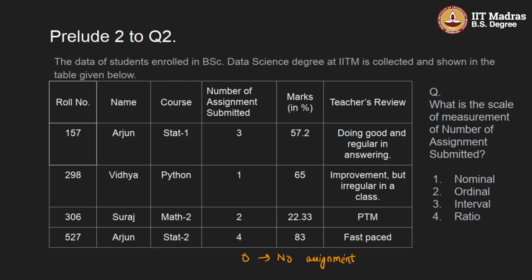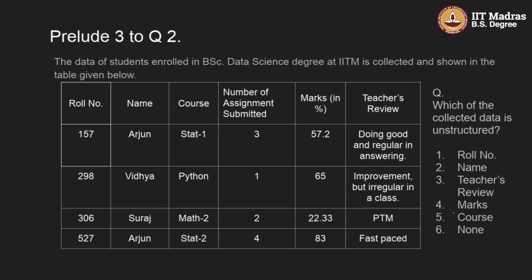Hence, if the value of this variable is 0, it indicates the absence of the variable. Hence, we can say that the scale of measurement of number of assignments submitted will be ratio.